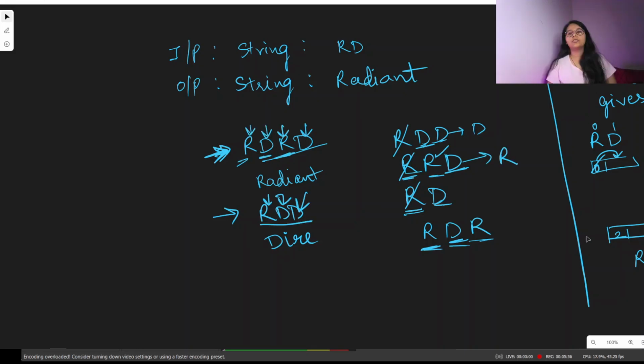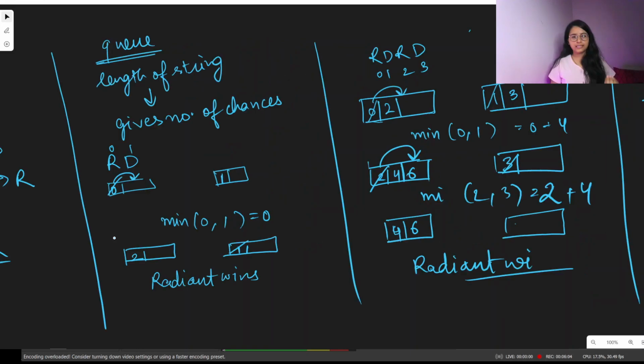So let me show you a few examples before coding the solution. Here, the length of the string simply gives the number of chances. If we take this RD as the example, the first queue is for Radiant and the second queue is for Dire. Radiant is at position 0 and Dire is at position 1.